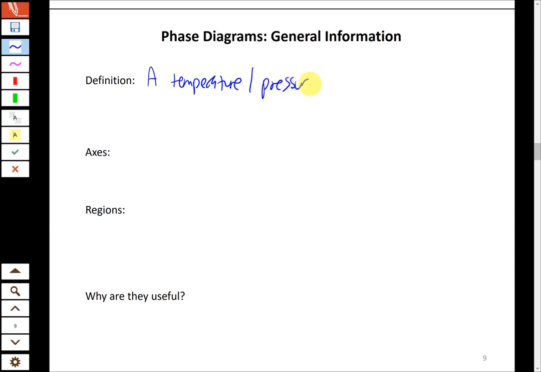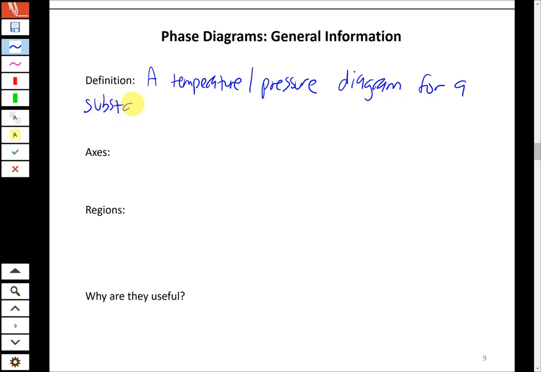Now you can have phase diagrams. We're only going to talk about those for pure substances in this course, just a single substance. You can also have phase diagrams for mixtures of substances, which is something you'll see in Chem 2 at the very beginning. But we're going to talk about just a pure substance phase diagram. So it's a temperature-pressure diagram.